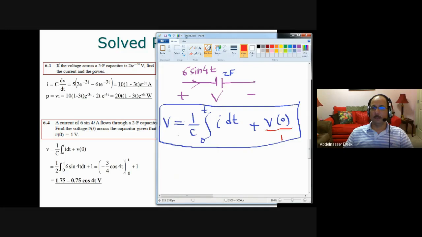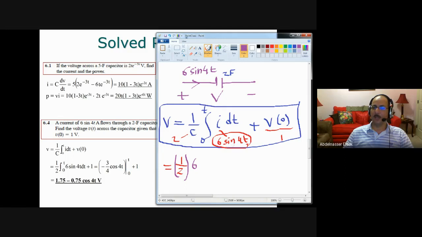And C equals 2, so it will be 1 over 2 times the integral of I, where I equals 6 sine 4t. So you need to integrate this part here. 1 over C is 1 over 2. The 6 you can move outside.